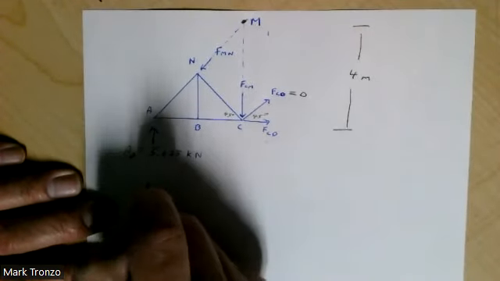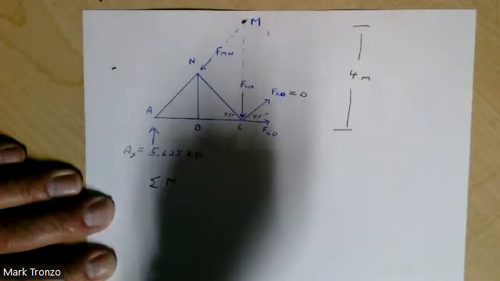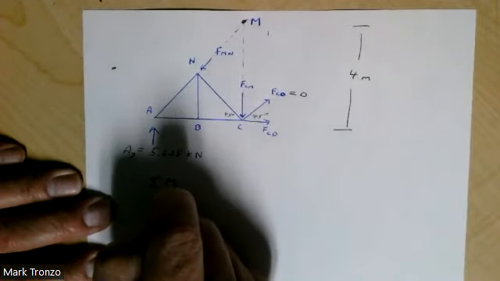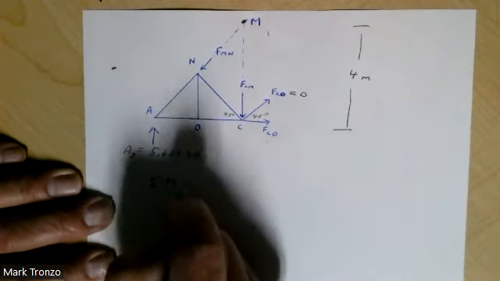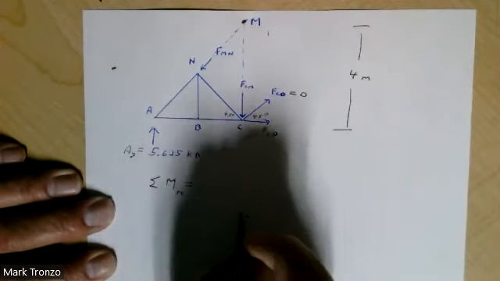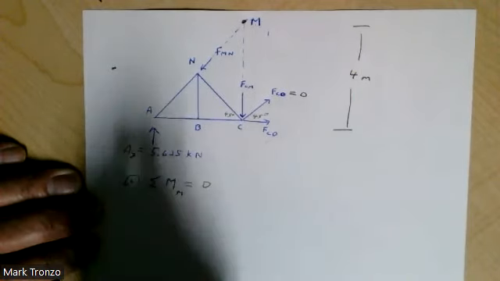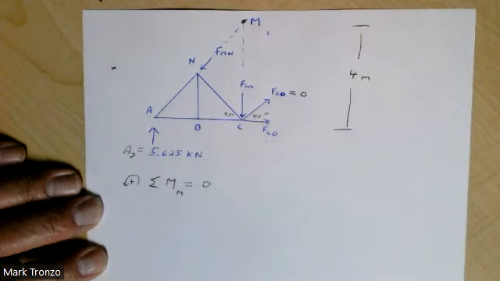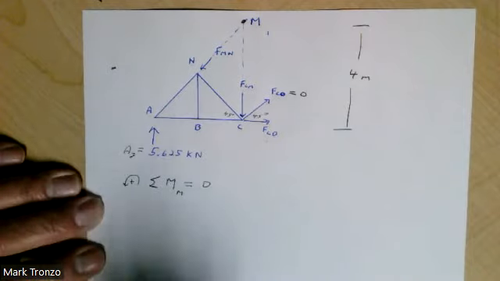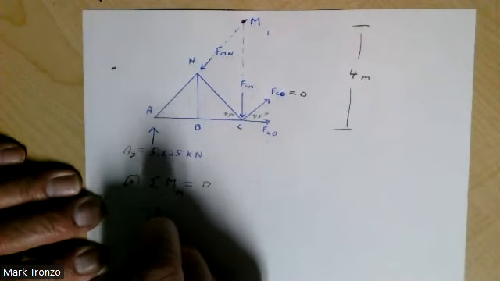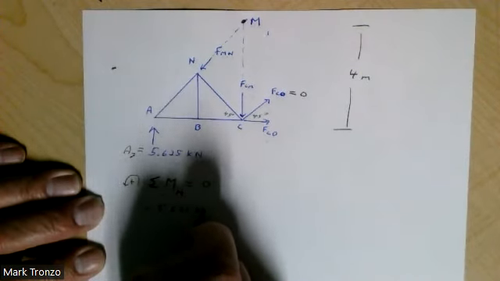So let's sum the moments about M and set that equal to 0. Again, we'll call counterclockwise positive. Now the only things we have are this force over here, and that's going to be negative 5.625 kilonewtons.